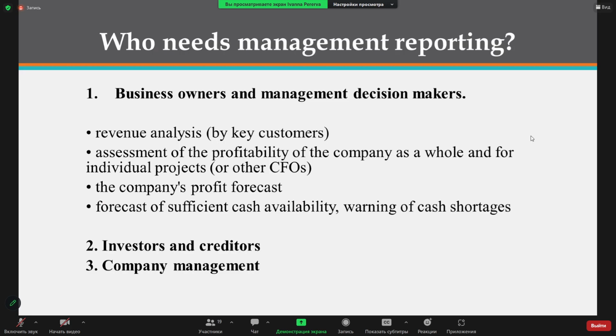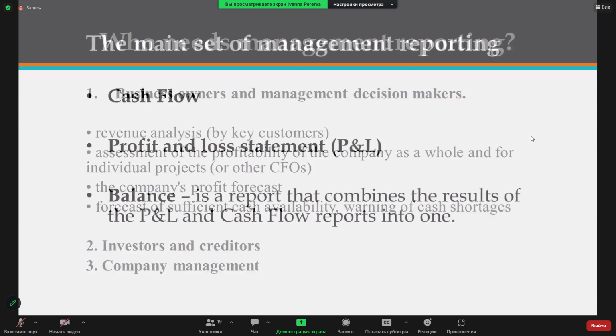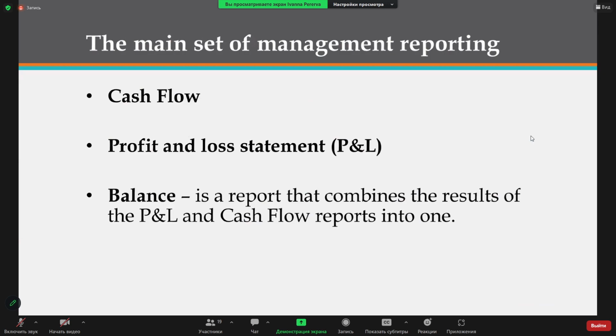Management reporting, like accounting or some statistics reports, can consist of different sets of reports. And we will consider three of them. First one, it's cash flow report. Second one, it's profit and loss statement or P&L. And the last one, it's balance sheet.